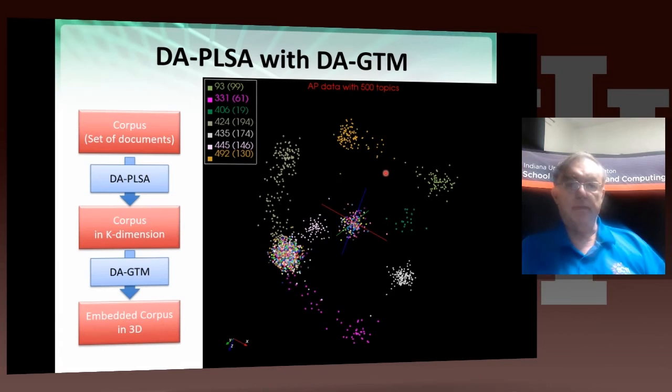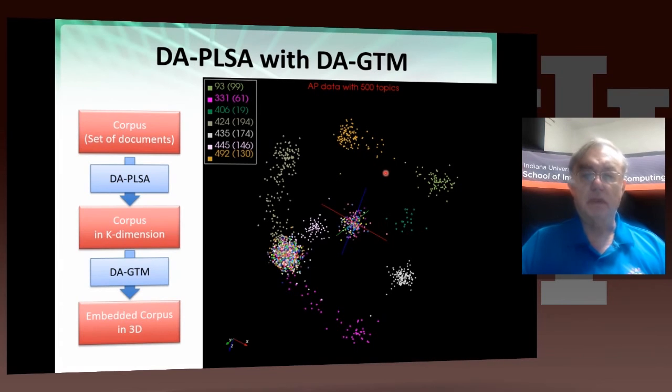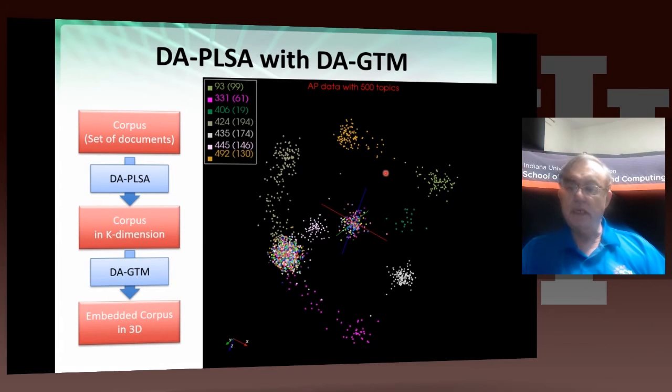So now we come to a totally different topic, one that's actually related to what we discussed in the search, but it just illustrates because it uses generative topographic mapping. What it does is it takes all the documents in an AP data set and chops them up, and associates them with topics. Then if you associate things to topics, then you are effectively mapping all those documents into a vector space.